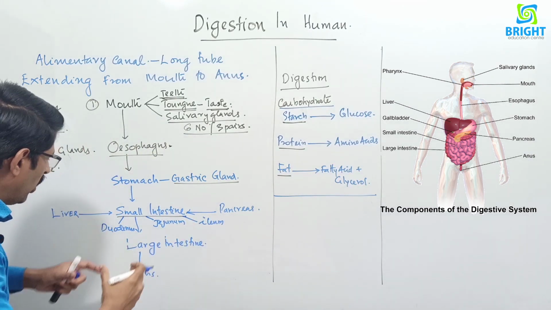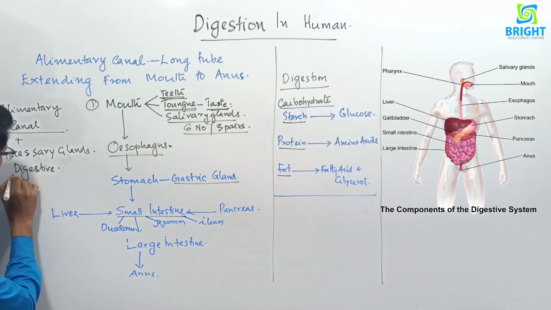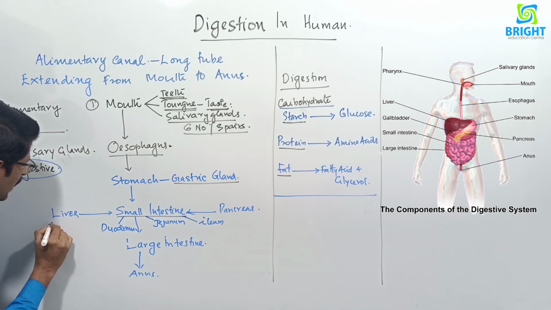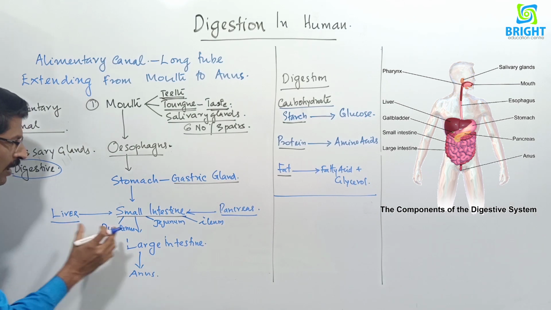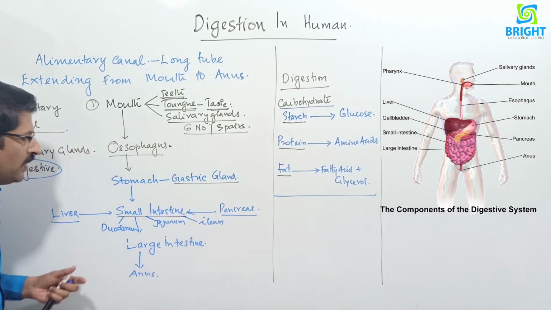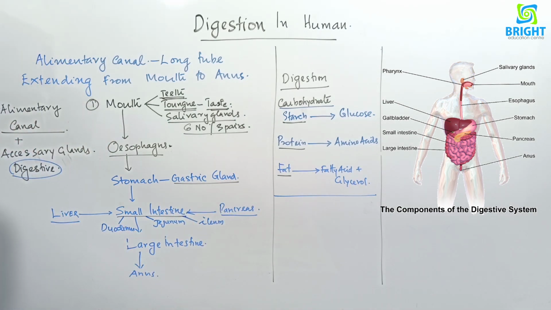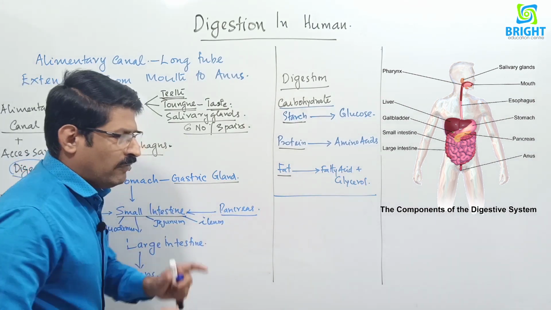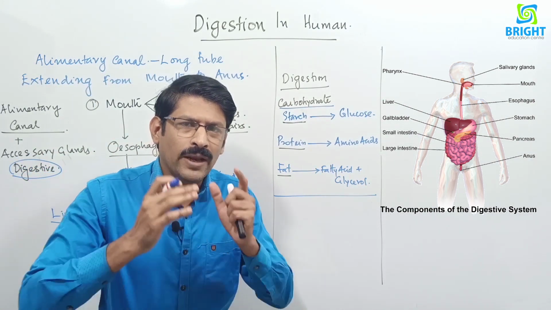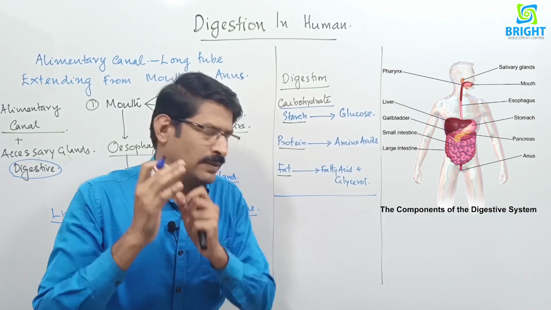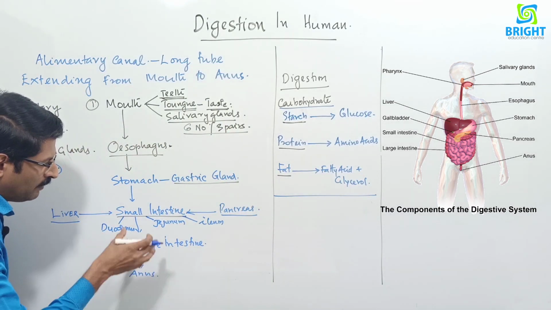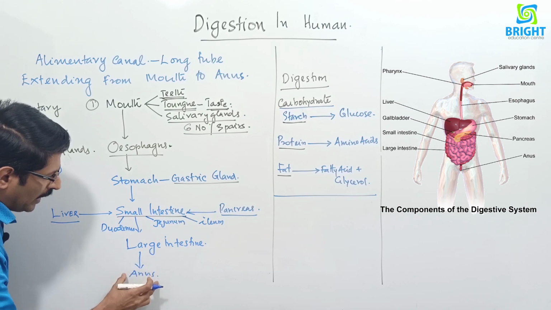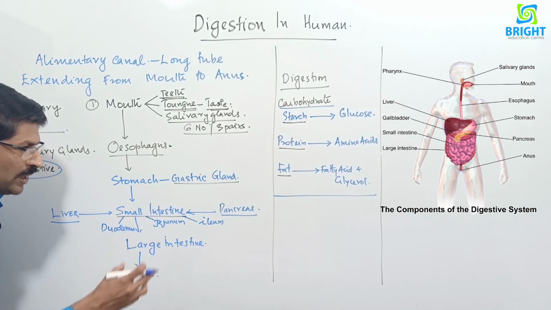To the small intestine, the major digestive glands, liver and pancreas, are joined, and they play a very important role in the process of digestion. The next is the large intestine, leading to the external opening called the anus.